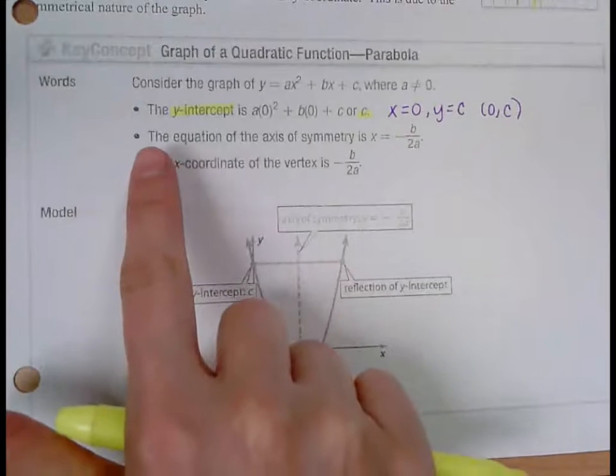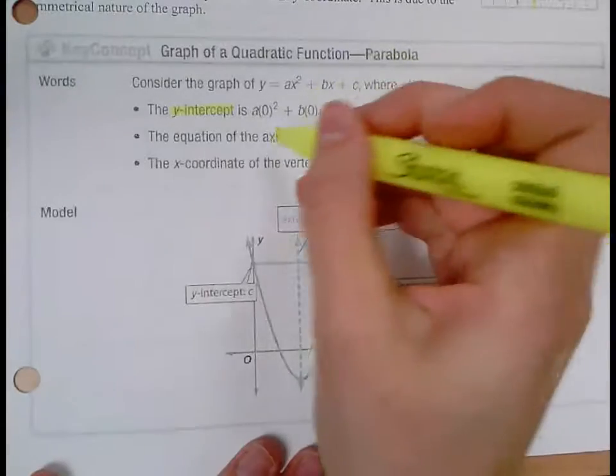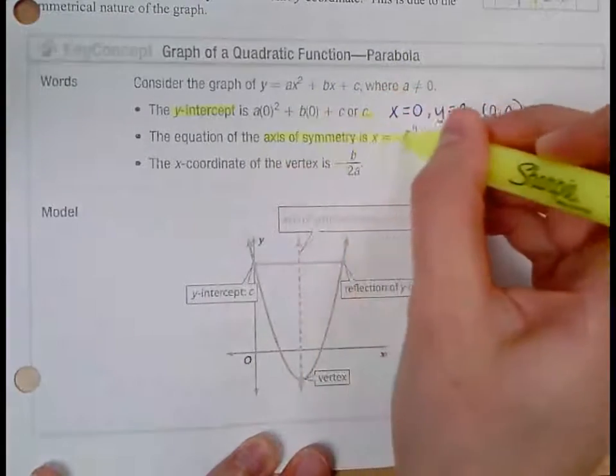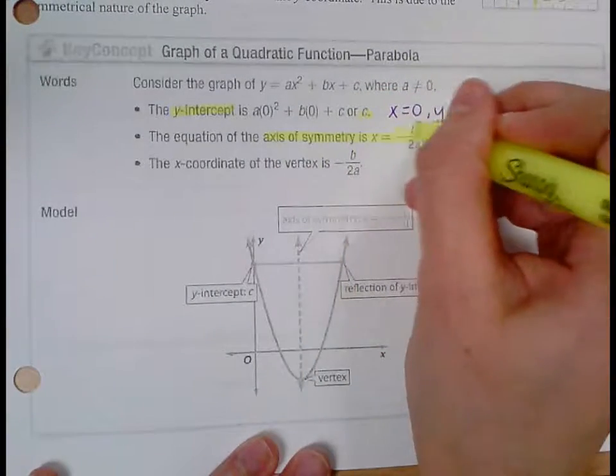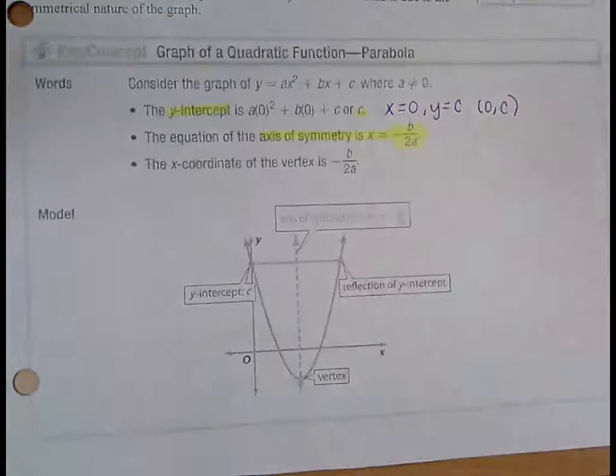And then you have an equation to find the axis of symmetry. So this equation you would need to know: x is equal to negative, or the opposite of, b over 2a.